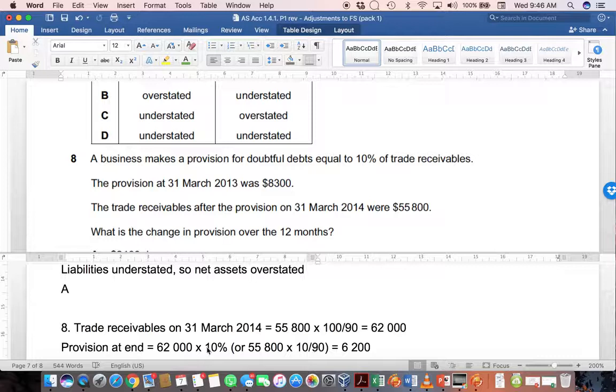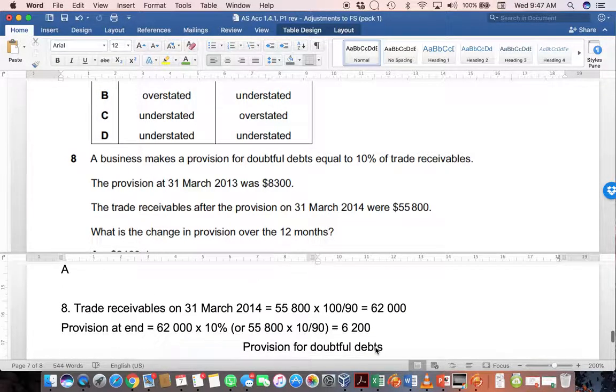This means that the provision at the end should be 10% of the 62,000, not 10% of the 55,800. If you wanted to, you could do a shortcut where you simply say the 55,800 times 10%, because we know we're looking for 10%. But instead of saying over 100, you have to say over 90, because that only represents 90%. And you would then work out 6,200 as what you want your provision to be.